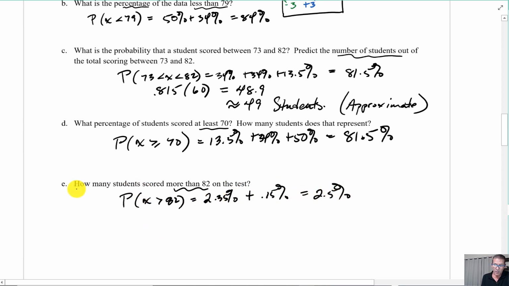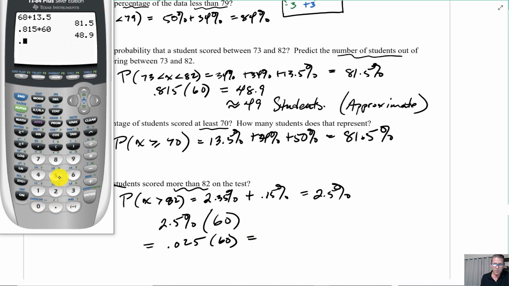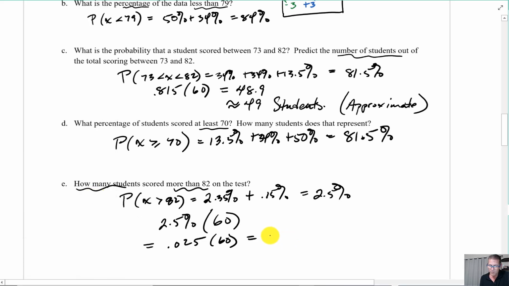To calculate the number of people, you take 2.5% out of the total, which is 60: 0.025 times 60, and then round your answer. We get about 1.5 students. So if you round down, it's 1, and if you round up, it's 2. Because this is an estimation, it's approximately 1 student if rounded down, and approximately 2 if you round up.